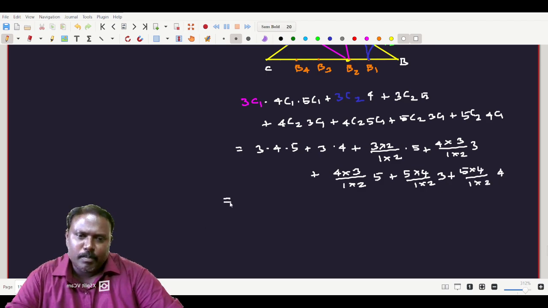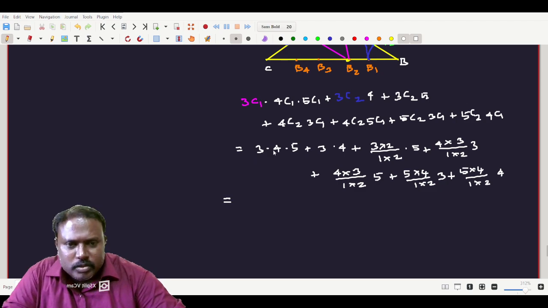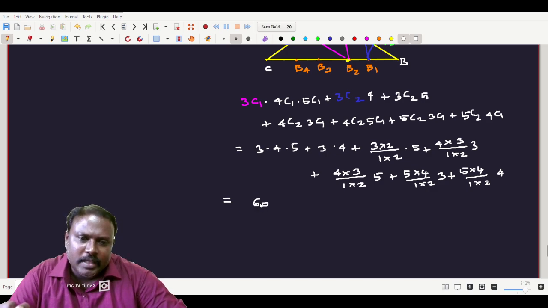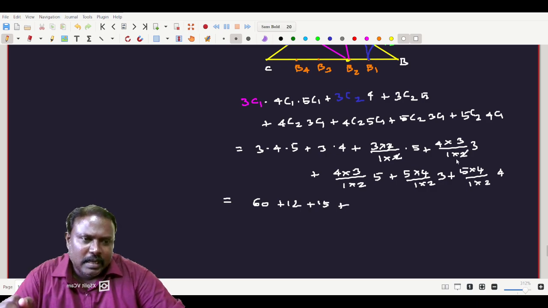Let us simplify this. So 3 into 4 into 5 is 60. Then 3 into 4, this is 12. This 2 will get cancelled, 3 into 5 gives 15. Plus this 2 and this 4 will get cancelled, 2 into 3, 6, 6 into 3, 18.